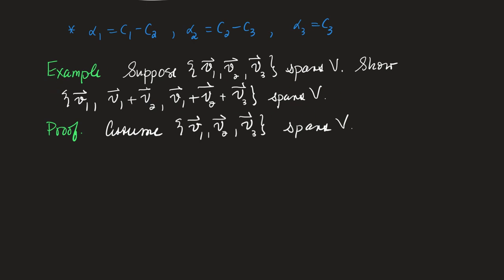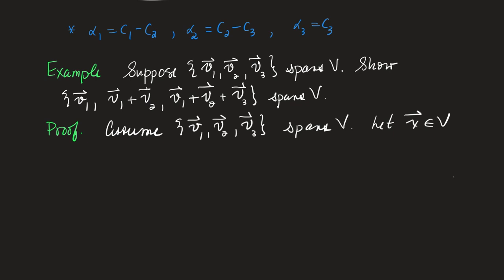Again, what that means is that every element in V can be written as a linear combination of those three vectors. So I should take some x in V, and I want to show that x can be written as a linear combination.